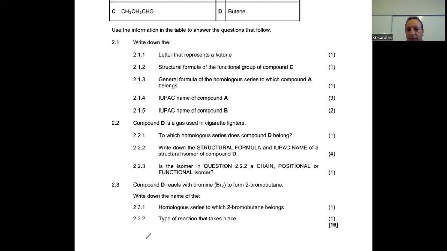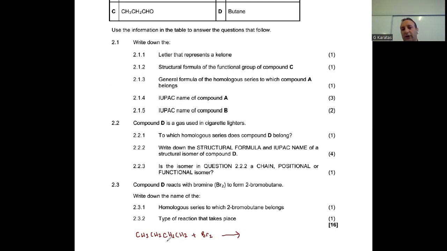All right, compound D is CH3, CH2, CH2, and CH3. When it is reacted with Br2, here we need a catalyst.